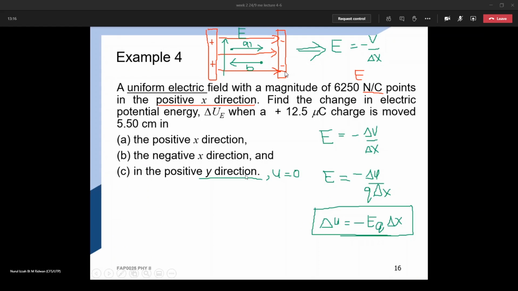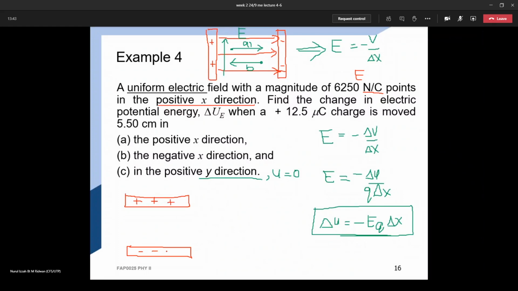Like I said to you the other day, parallel plates can have an assembly of plates like this, where you will have your electric field to the right. You may also have it like this, where the plates are connected this way. Maybe this is positive and this is negative.